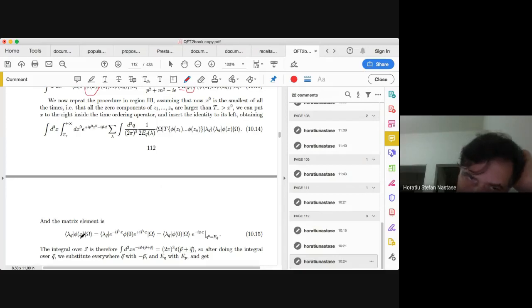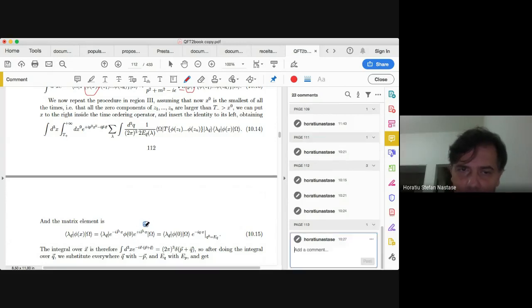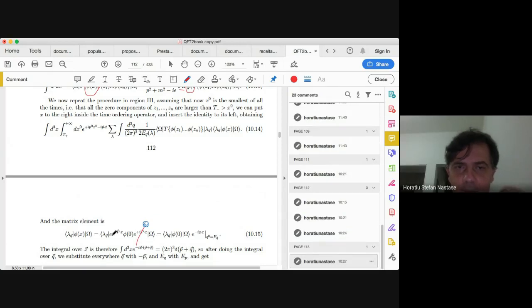And again, I say phi of x is shifted by the translation operator p. That means it's phi of x is e to the minus ipx, phi 0, e to the plus ipx. And to the right, p acts on the vacuum, so this factor goes away. But to the left, this p acts on lambda q, so it turns into q.